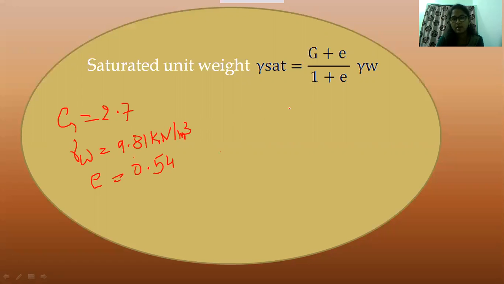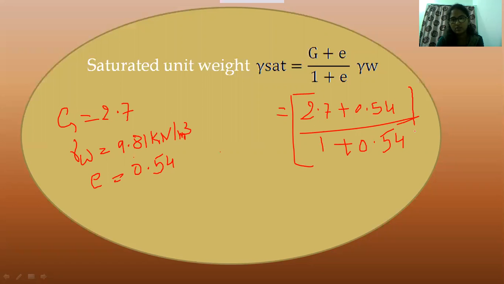So gamma sat is equal to 2.7 plus 0.54, divided by 1 plus 0.54, into unit weight of water 9.81 kilonewton per meter cube.